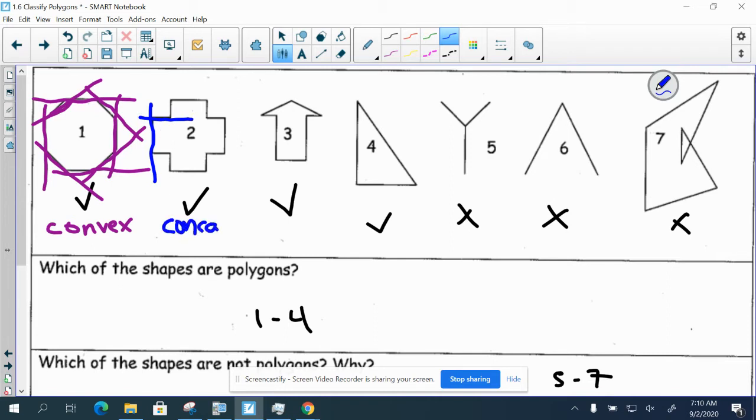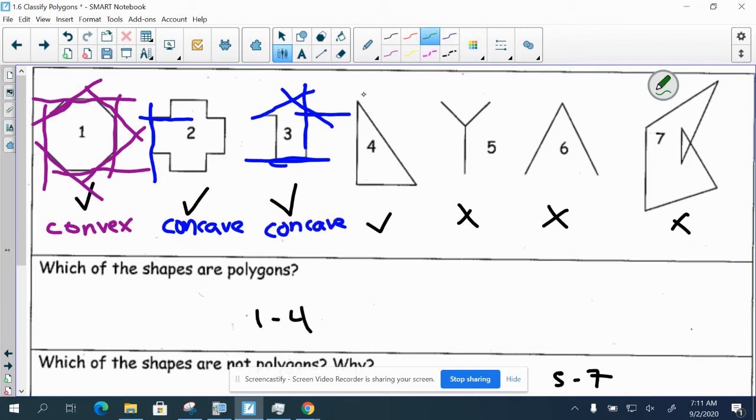As long as at least one of the segments cuts through, that makes it concave. How about here? What if we extend this segment? Well, we're good. How about these ones? Those ones are good. But what if we take these segments here? Well, that one cuts through, and this one cuts through. So this would be concave.